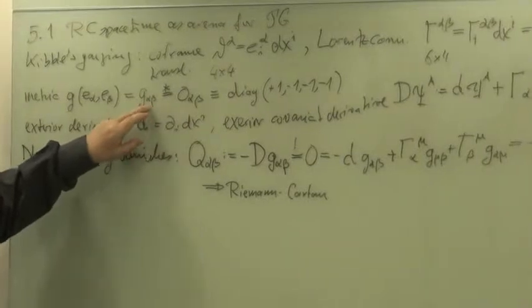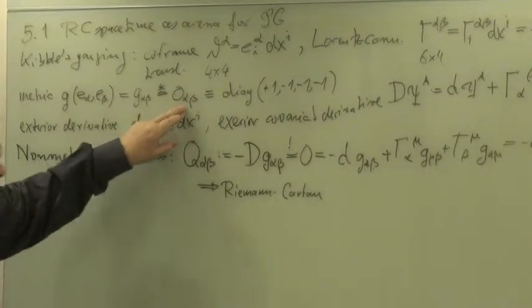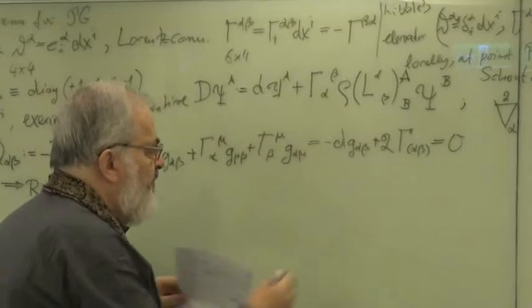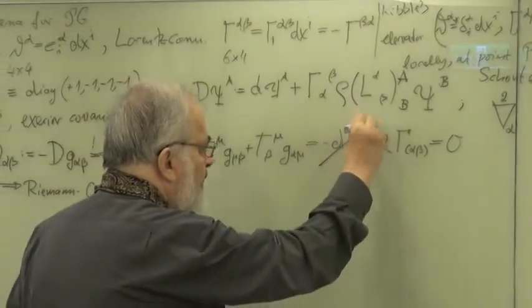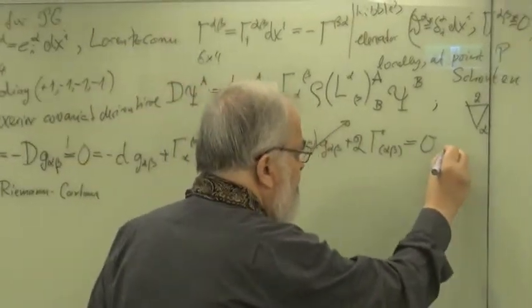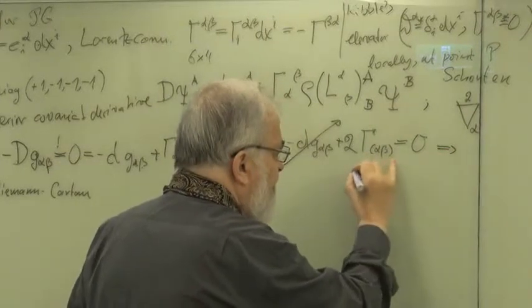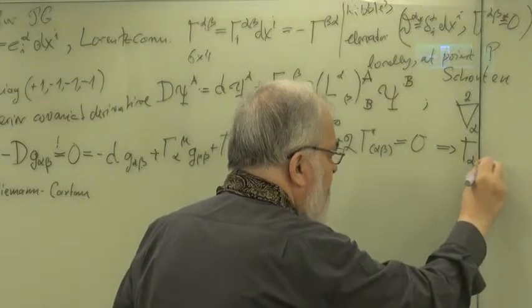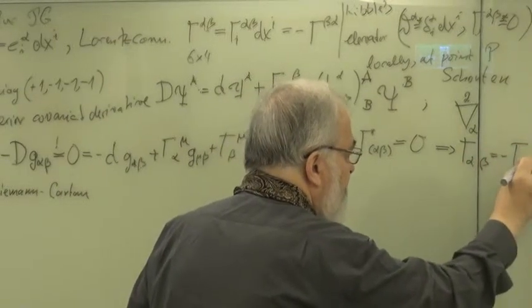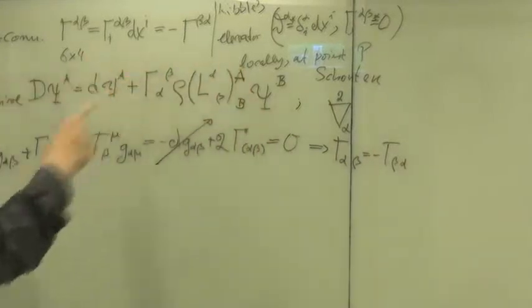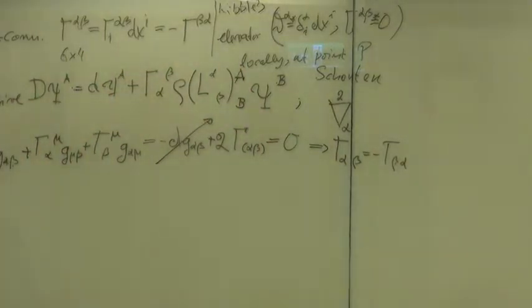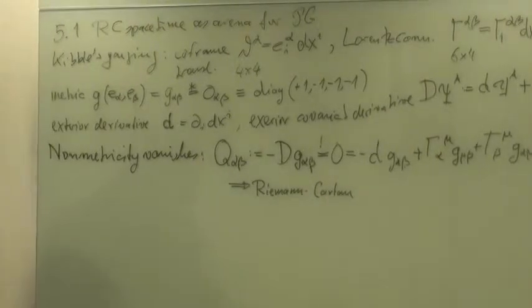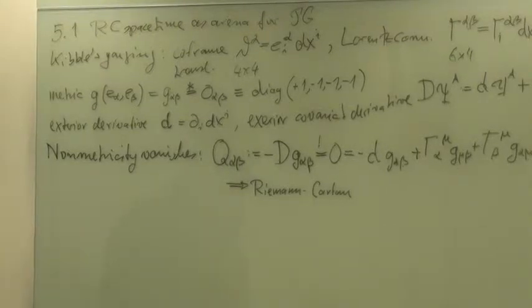So the anholonomic metric is a constant, and then the covariant derivative vanishes. And then, of course, as a consequence, the symmetric part vanishes, or you can also write that gamma alpha beta is equal to minus gamma beta alpha. And that's what we assumed at the beginning. It's just in order to illustrate that this is a consequence of the vanishing non-metricity. So one has to be careful.